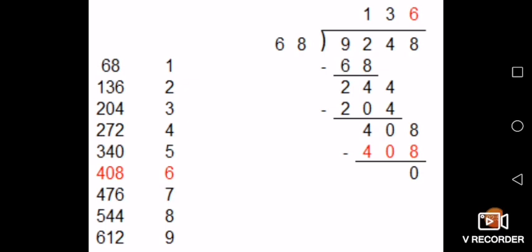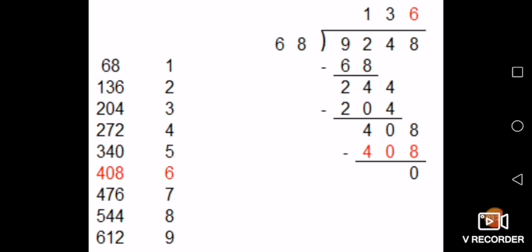Then it is quite easy to find out on which times a particular number goes. Now you can see in the question the divisor is of two digits, so we are going to see the first two digits only. If those two digits are smaller, then we consider the third digit.